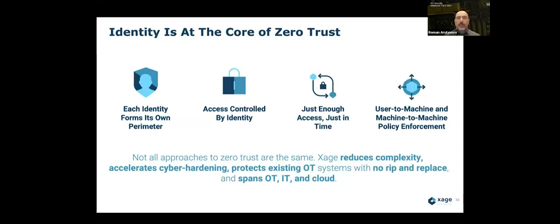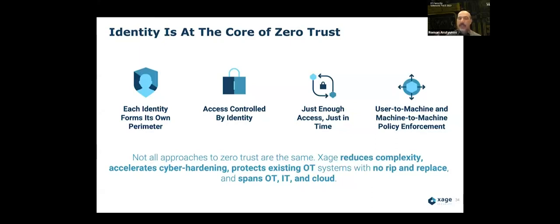So Zero Trust uses identity at its core. So instead of relying on a network perimeter, you rely on an identity-centric perimeter. So each identity forms its own perimeter, whether that's a user identity or a machine identity, controlling which users can interface with machines, which machines can interface with each other, as well as which applications can interface with various devices and machines as well.